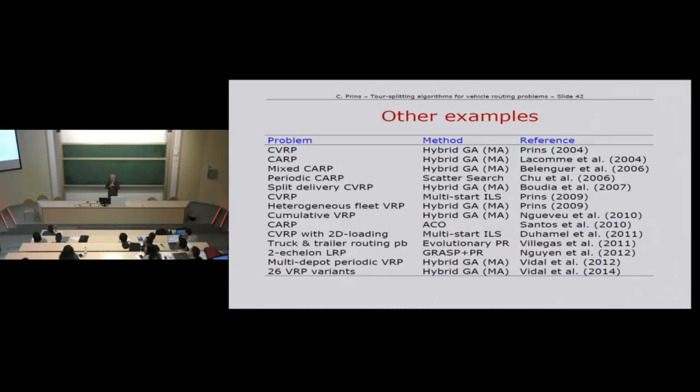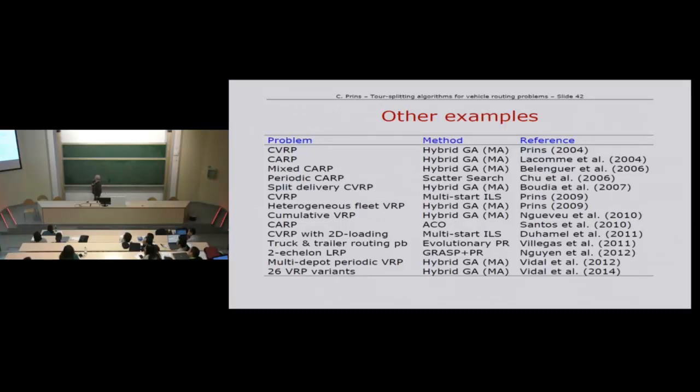So I put here, you will find these papers anyway in the paper I cited at the beginning, in Transportation Research Part C, Order first, split second methods for vehicle routing problems.